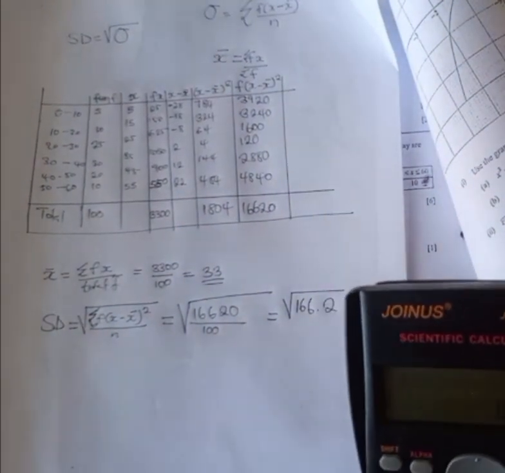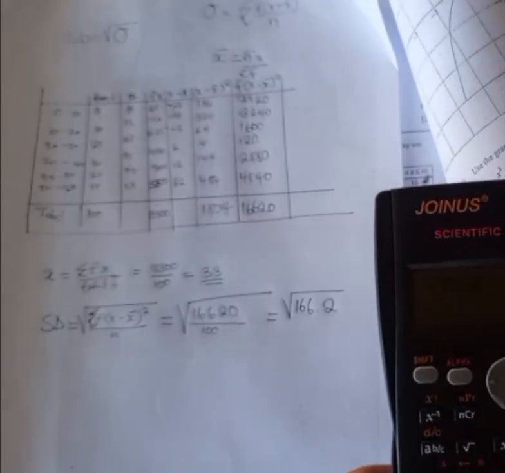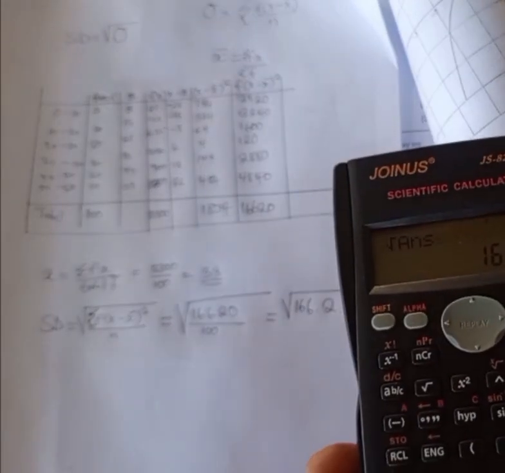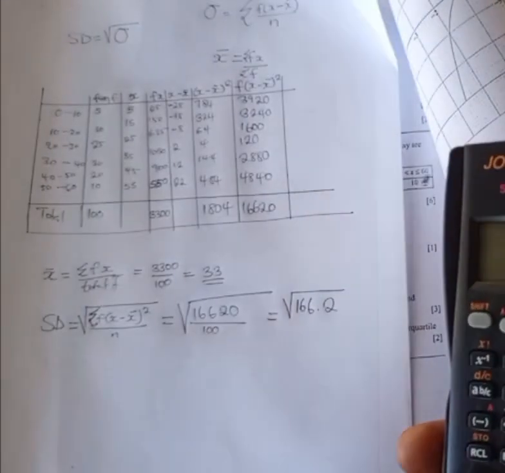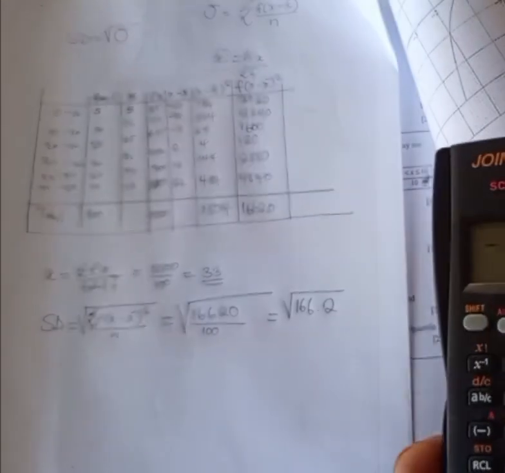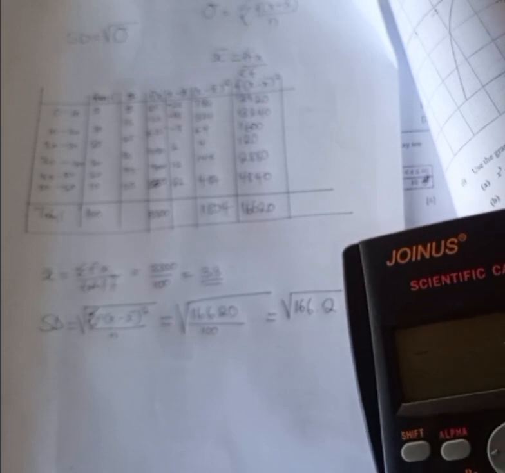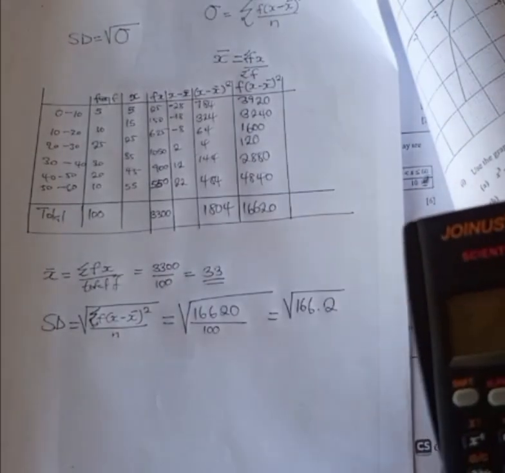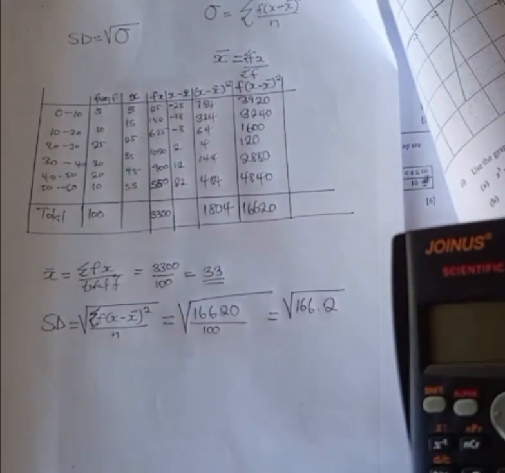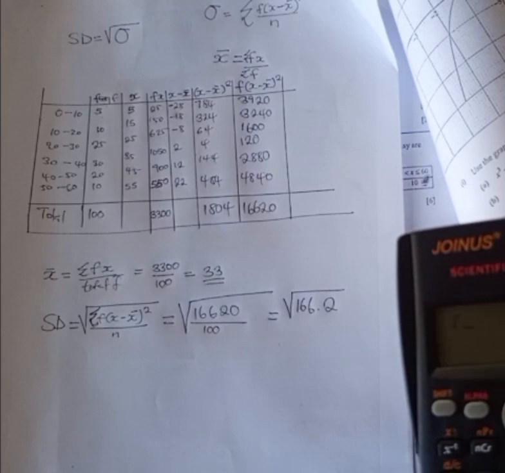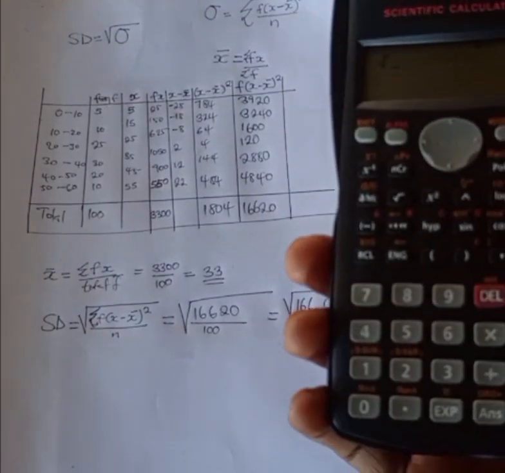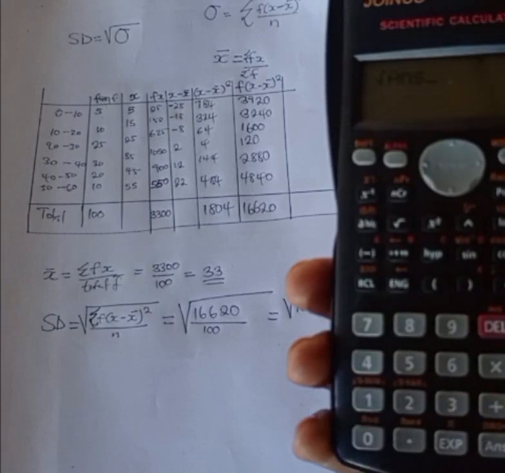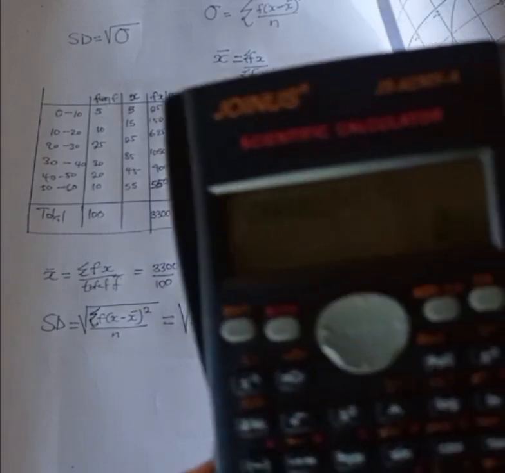Now, what is the square root of that? Please, friends, sometimes in the exam, you don't need to start typing it again. Just say the square root of the answer, because the same answer is already in the system. You press the answer button, place it, so you see the square root of the answer there.